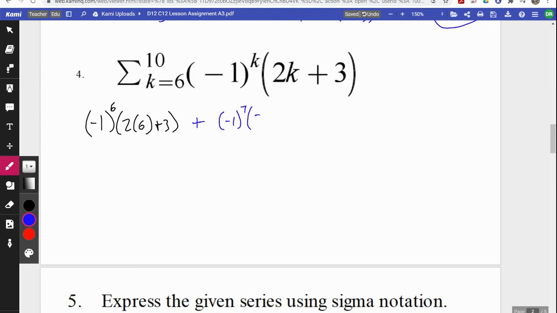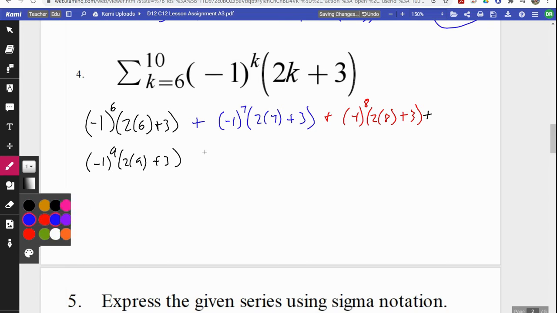Negative 1 to the 7th, 2 times 7 plus 3. Negative 1 to the 8th, 2 times 8 plus 3. Negative 1 to the 9th, 2 times 9 plus 3. Negative 1 to the 10th, 2 times 10 plus 3.